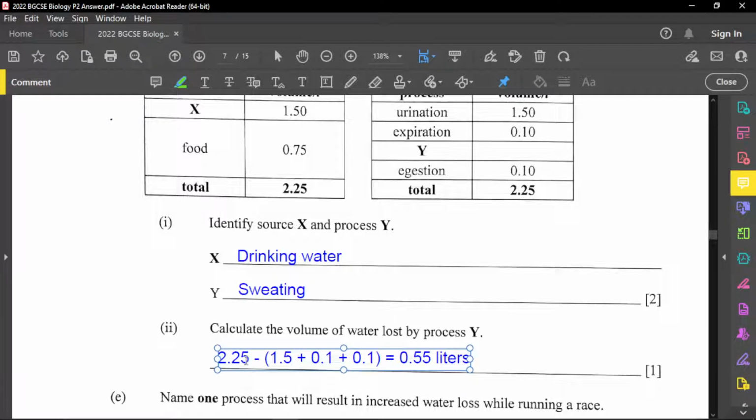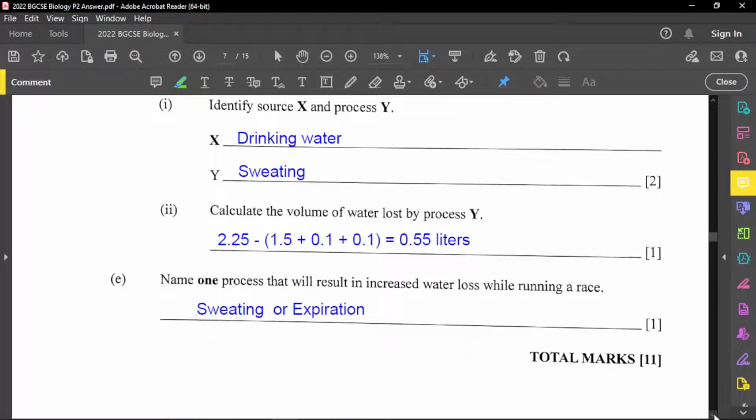So you just say 1.5 plus 0.1 plus 0.1, and that will be 1.7. And so 2.25 minus 1.7 gives 0.55 liters. Right, because look at the top of the table, it measures in liters.